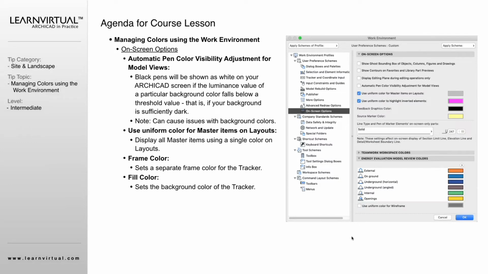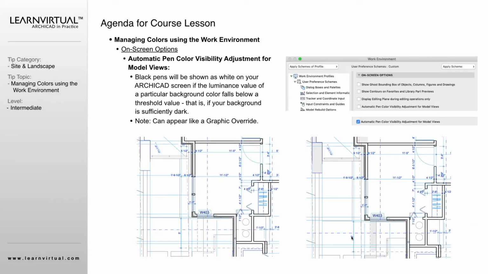Using the on-screen options, you can get very specific about how things are going to look for you, how your uniform colors and your uniform pen lines are going to look. You can change your frames and you can change your fill color. We can also set what our automatic pens are going to look like in our model view.